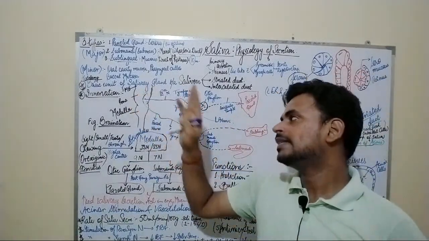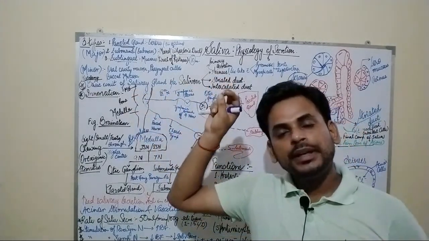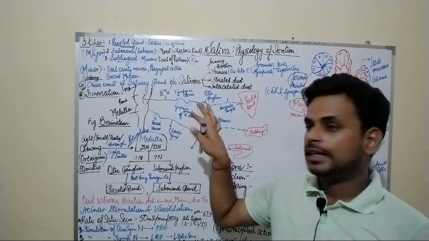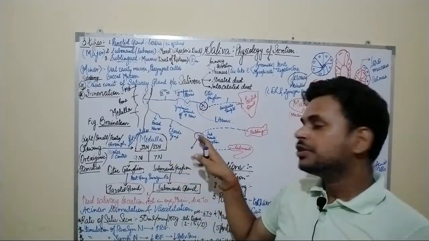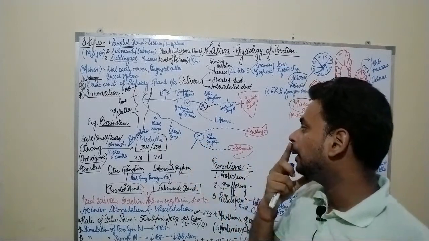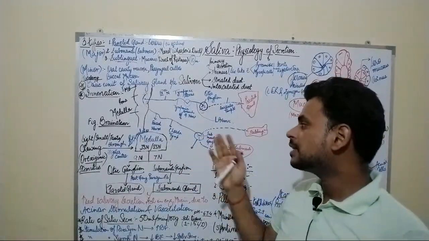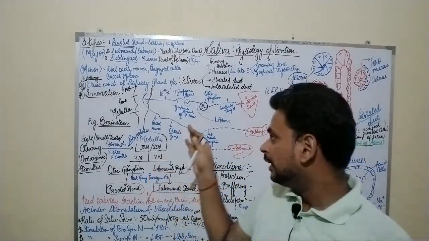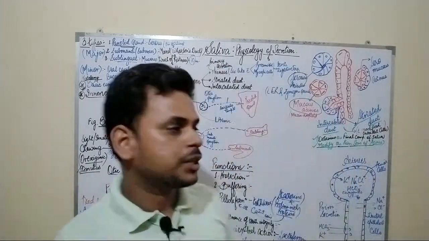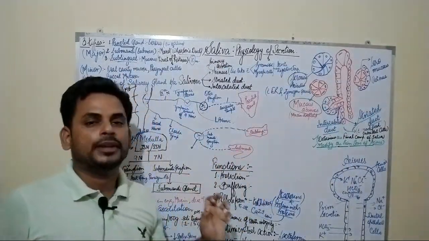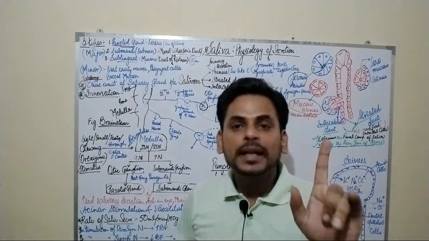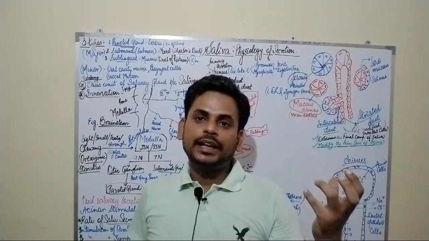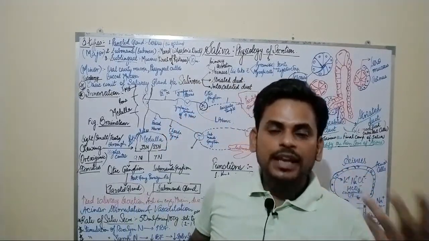From the superior salivatory nucleus, the preganglionic fibers pass through the facial nerve, its branch the chorda tympani nerve, to relay in the submandibular ganglion, and from here the postganglionic parasympathetic fibers originate to finally supply the sublingual and the submandibular salivary glands. So this was about the parasympathetic secretion, how parasympathetic nerve stimulus causes salivary secretion.